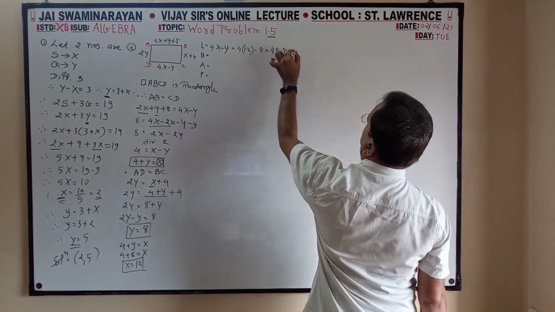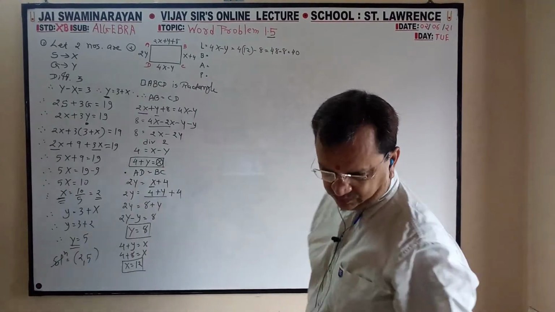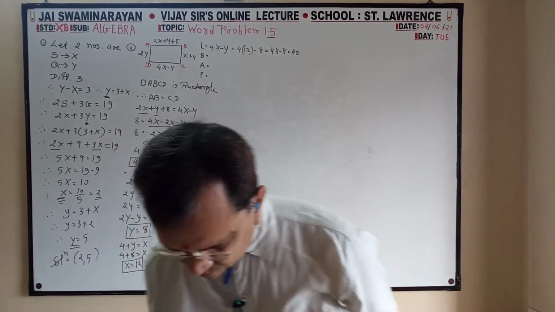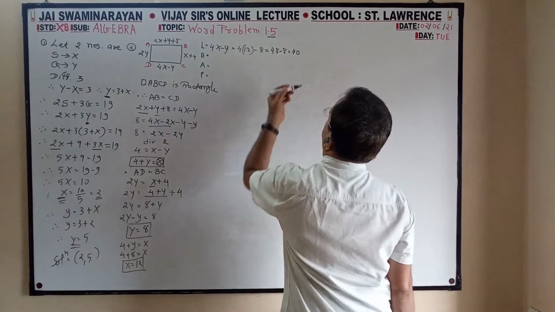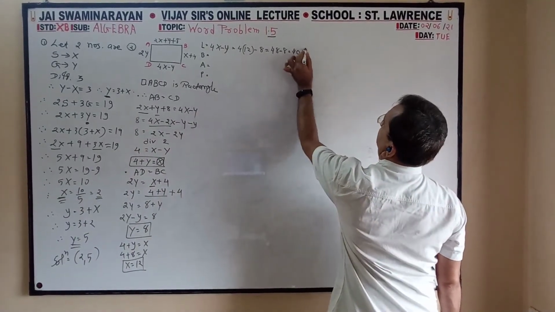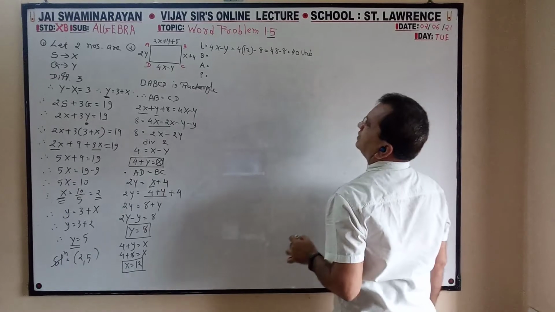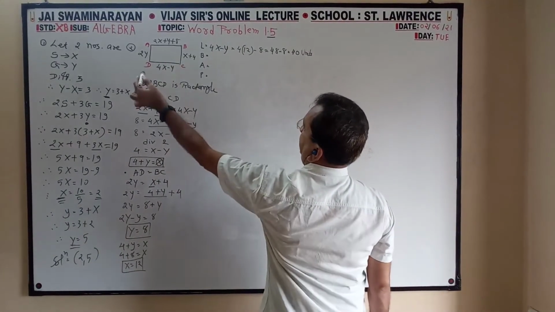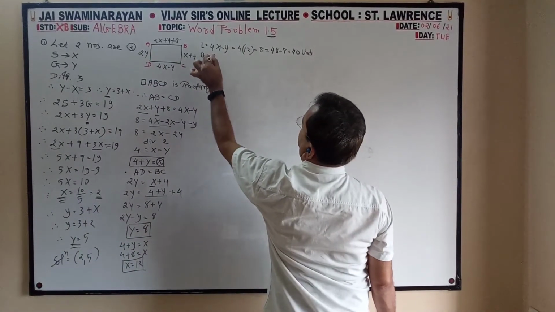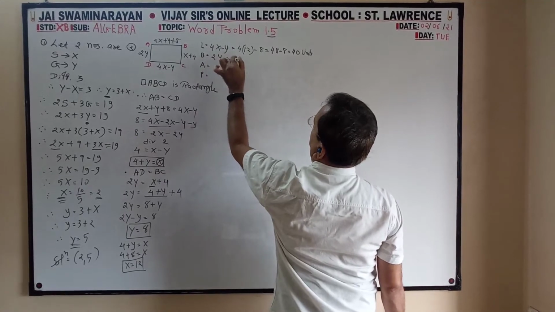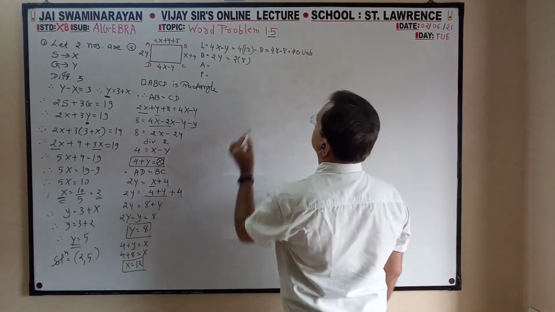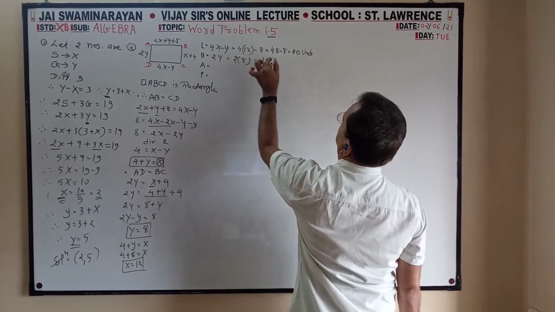It is 40. Unit, centimeter not given. Breadth, now that is the smaller one, 2y. What is y? 8. So it is 16.